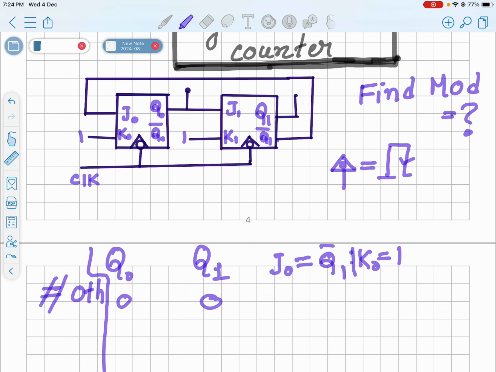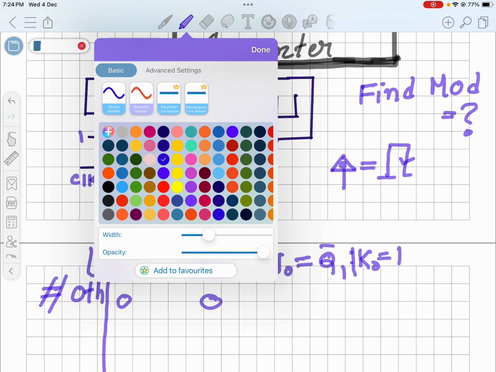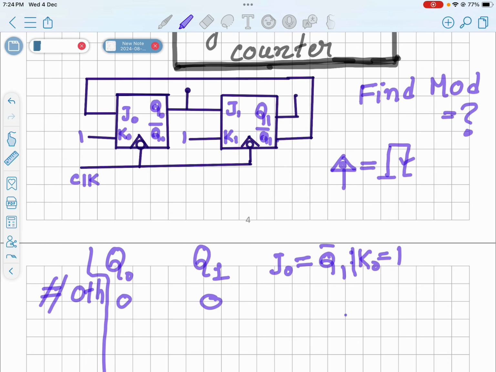I think it is understandable, right? J0 is Q1 bar for this first flip-flop. Now for the second one, J1 is connected to Q0, so J1 equals Q0, and K1 is always 1.